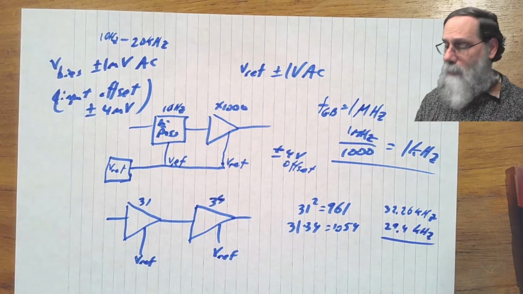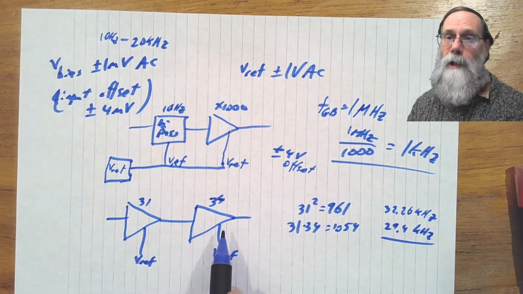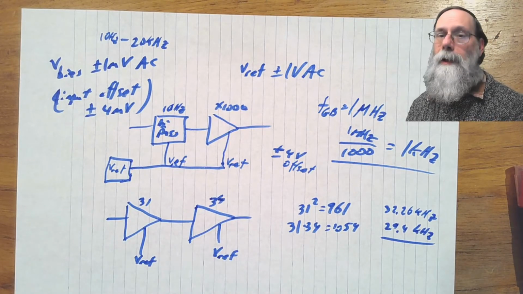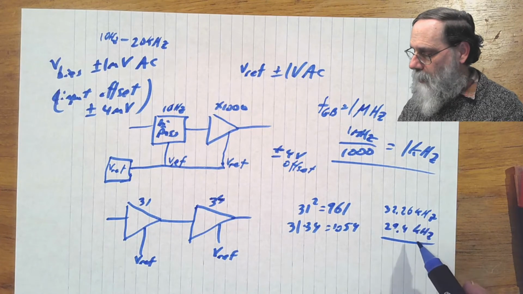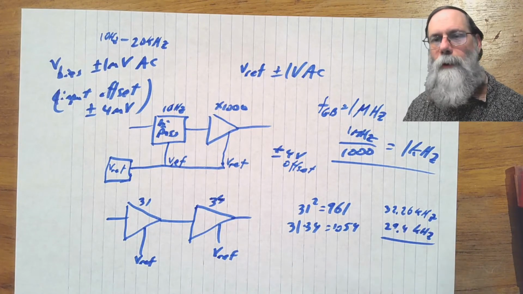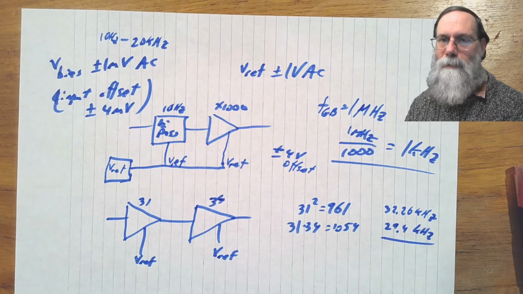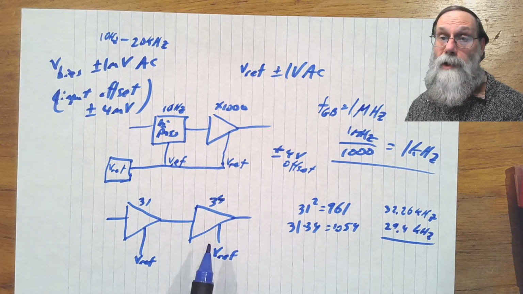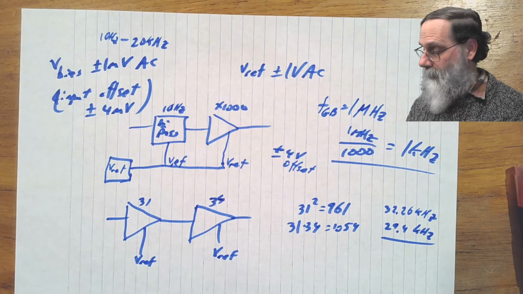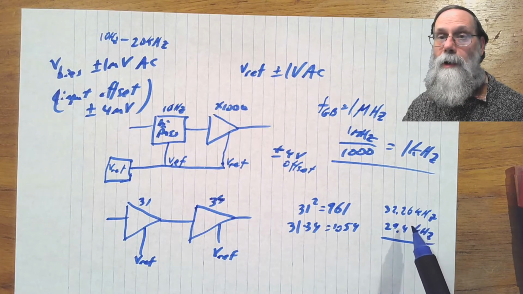Now, if we take two stages like this and multiply the gains together, then you're going to get slightly lower corner frequencies because, particularly if these two things exactly matched, they would each have a corner frequency at, say, the 32 kilohertz.